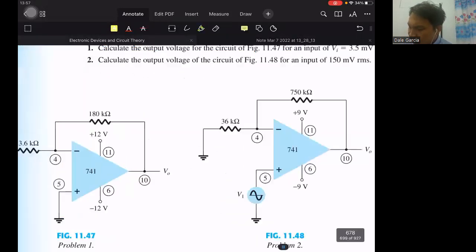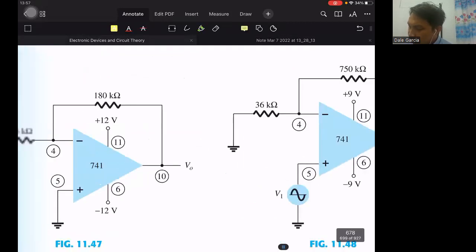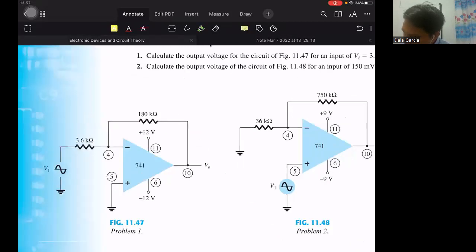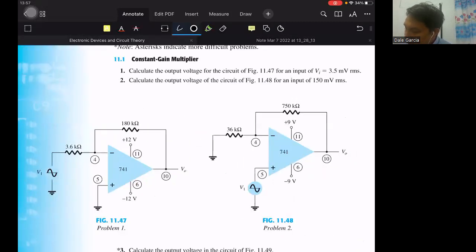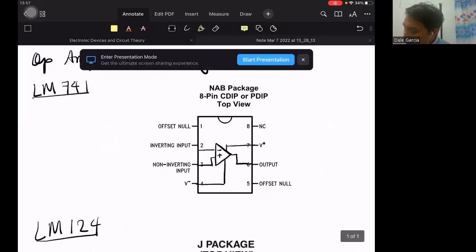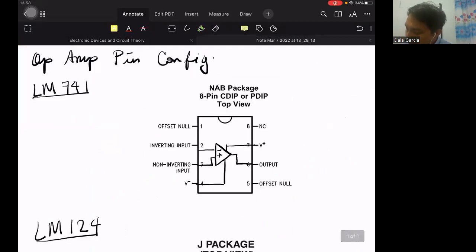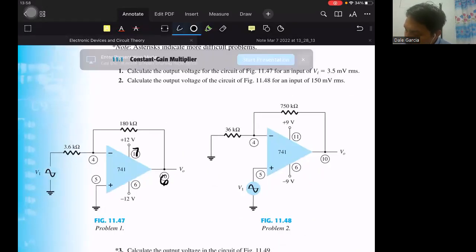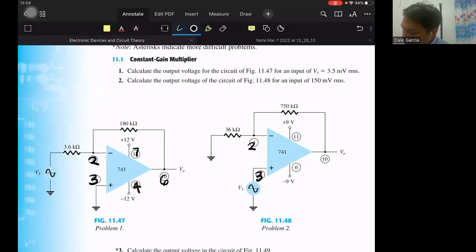Or maybe it is a different IC package from the 741. Supposed to be this is pin 6, and the sources are pin 7 and pin 4, and pin 2 and 3. This is pin 2, this is 3, pin 7, this is 4, this is pin 6.